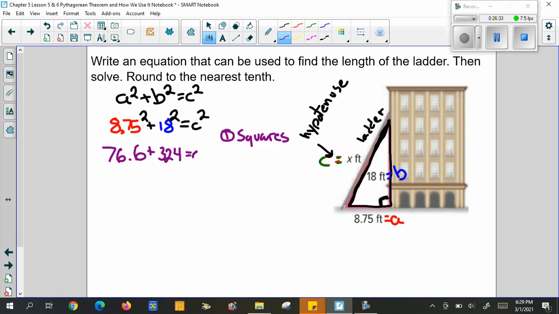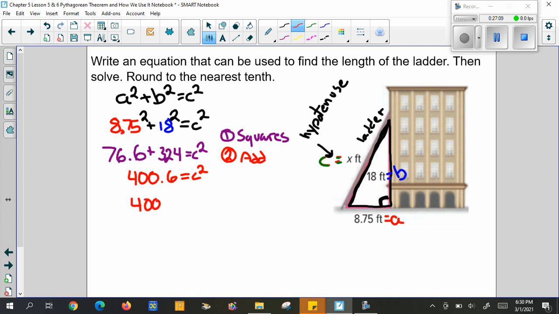And that is equal to c squared. When I'm finding c, the hypotenuse, that is when I'm going to be adding like terms. So we're going to go ahead and add the 76.6 and the 324 to get 400.6 is equal to c squared.